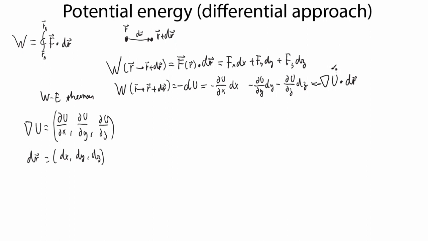So we can make the identification directly that Fx is minus dU/dx, Fy is minus dU/dy, Fz is minus dU/dz, with minus signs in front. Let's not forget those. So this is now in component form.